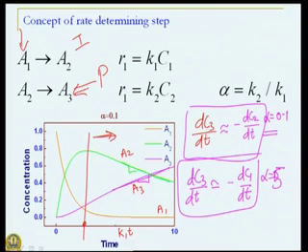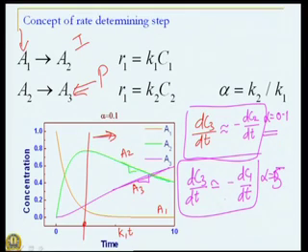The rate of product formation is determined by the second reaction, because dC3/dt is dC2/dt. That means the rate in this particular case is determined by the second reaction. On the contrary, when alpha is 5, the rate is determined by the first reaction.